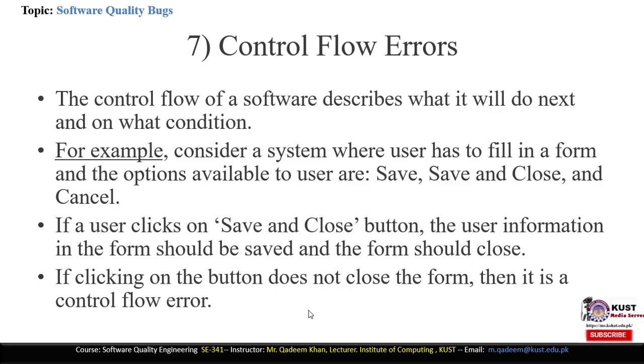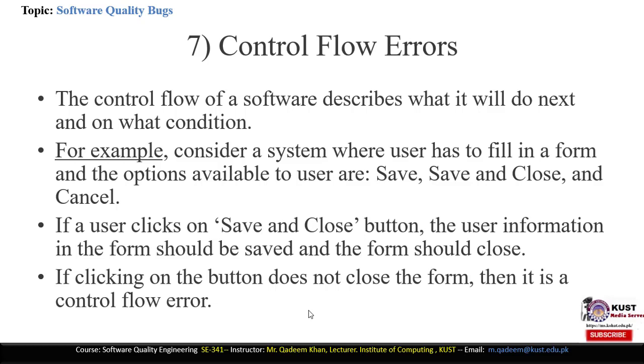We have conditional statements like if-else and switch statements, and also loops like for loop, while loop and do-while loop. All the errors in these transfers of control will result in control flow errors.